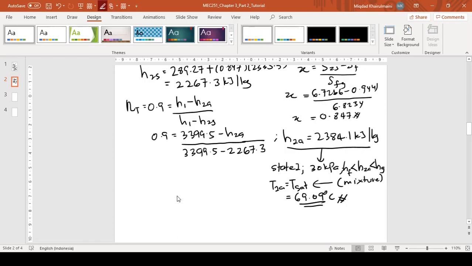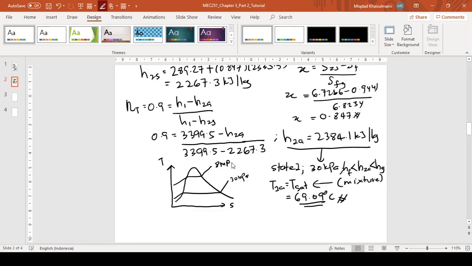Once we have all the phases, we can sketch the TS diagram. It's water, so we have the saturation line here. We have the low pressure, which is 30 kilopascal, and the high pressure, 8 megapascal.